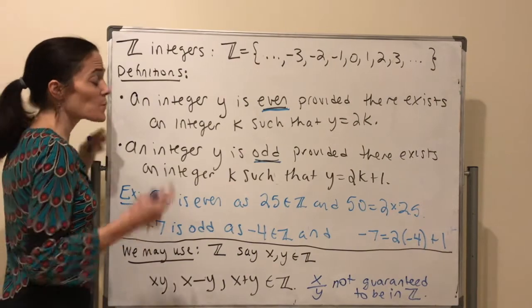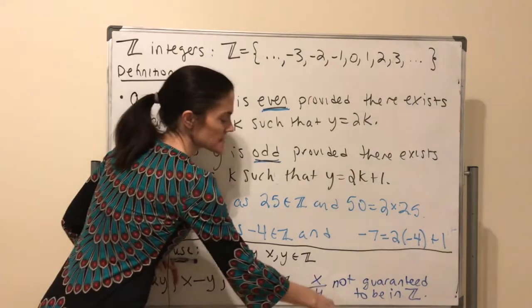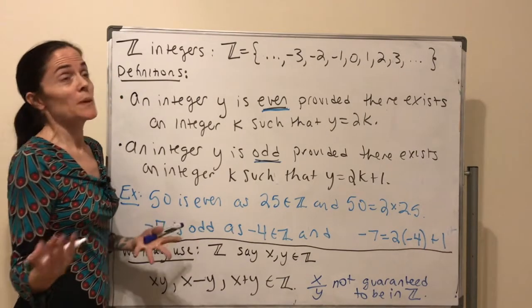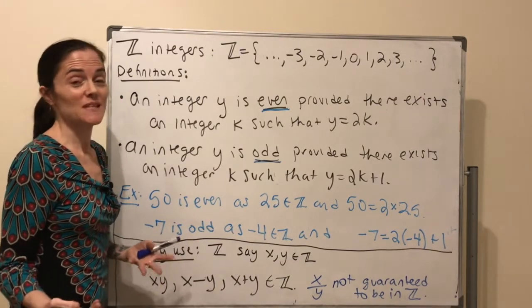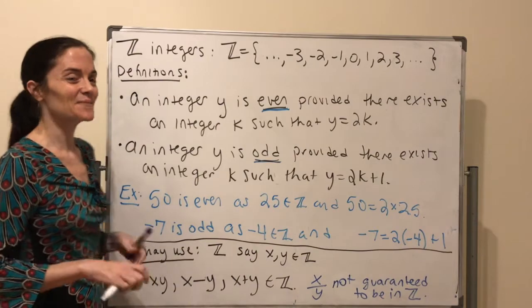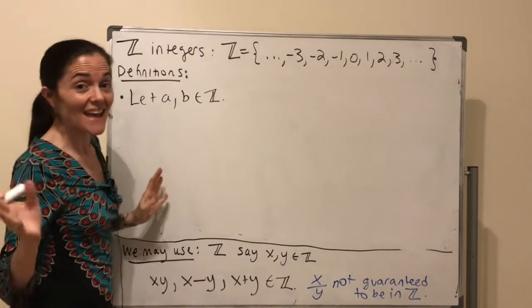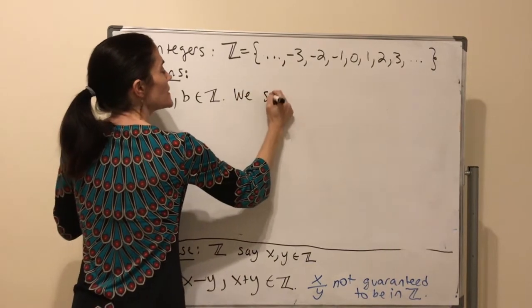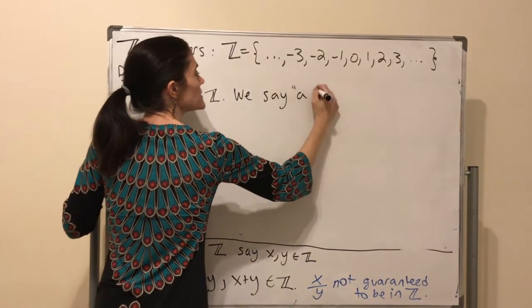Now, we want to have this idea of divides and speak about integers. And this moves into the next definition. Let a and b be integers. We say a divides b.